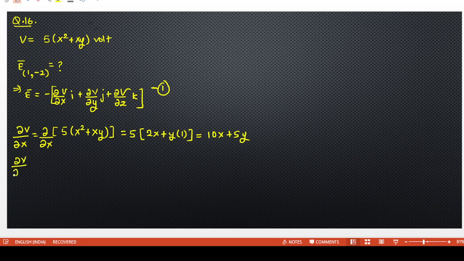Similarly find the partial derivative with respect to y, dou by dou y of V. V is what? 5 in the bracket x square plus xy. 5 is constant, outside derivative.